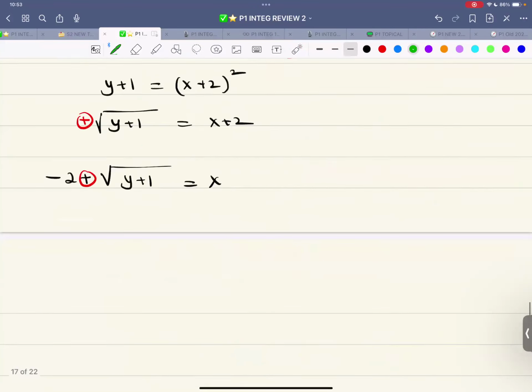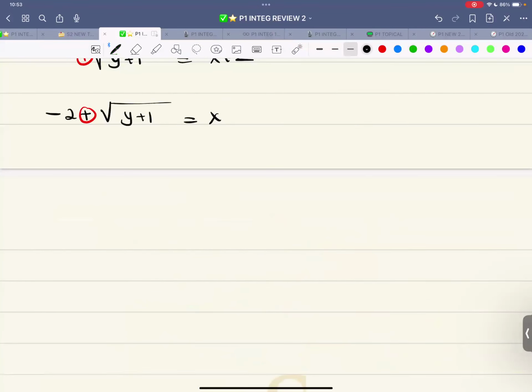So now what will we do? We will write it like this: volume equals pi, integral from -1 to 3, and x is the subject, that is (square root of y plus 1 minus 2), the whole thing squared, dy.